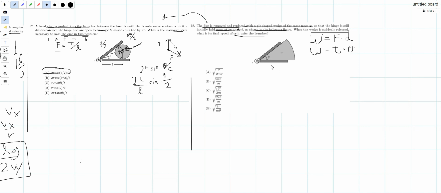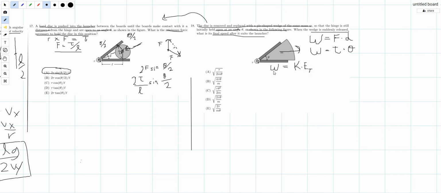And this work would cause the mass to have some kinetic energy. It's clear that when these clamps come down, the slice is just ejected out translationally. There's no rotational kinetic energy. So we can write this work is equal to translational KE.